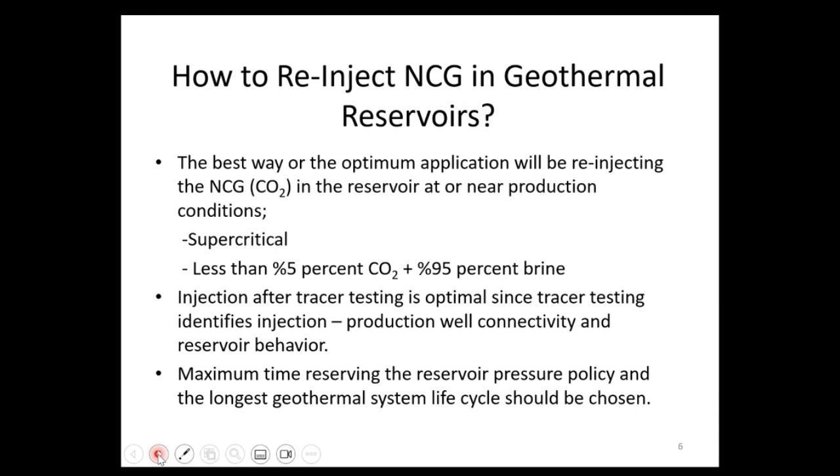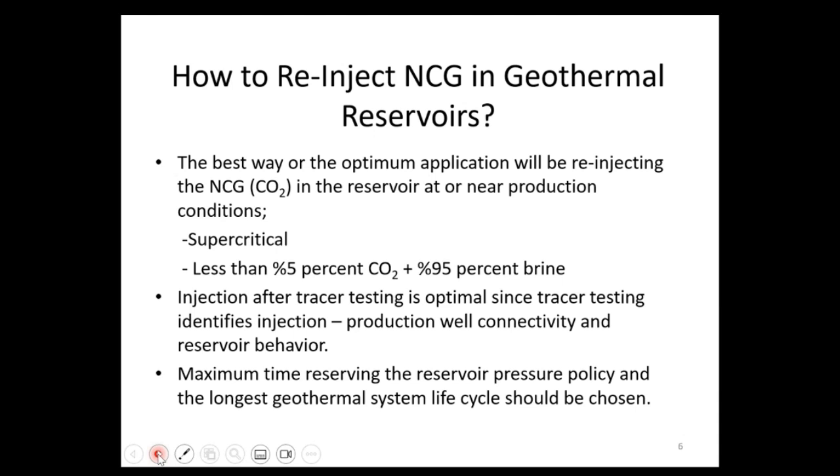The best way is, before you drill your first exploratory well, to measure your carbon dioxide or NCG rate and composition. When you design your power plant, your condenser outlet, you make a re-injection plan with 100% of your NCG re-injected.